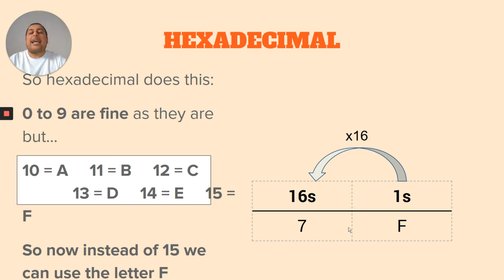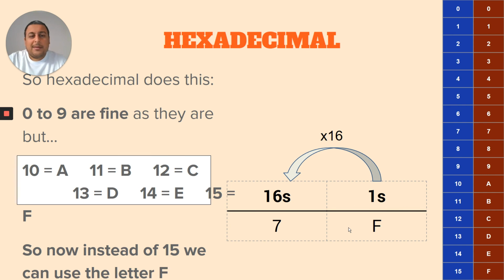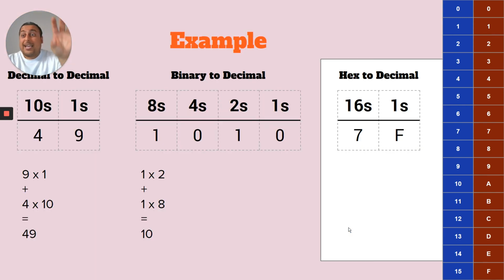So let's say we have the hexadecimal number 7F. I'm just going to put that table up on the right hand side to make it easier for us. So we now know that F, if we look at our columns on that right hand side, equals the number 15.